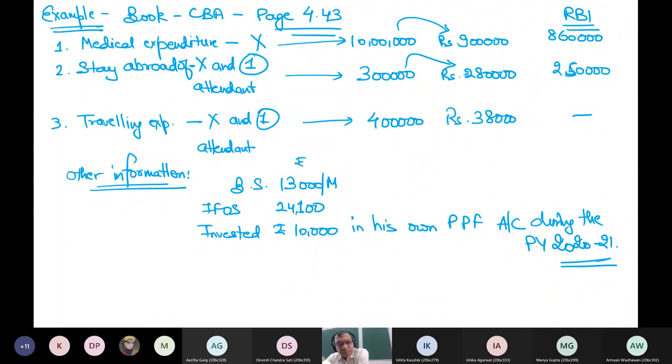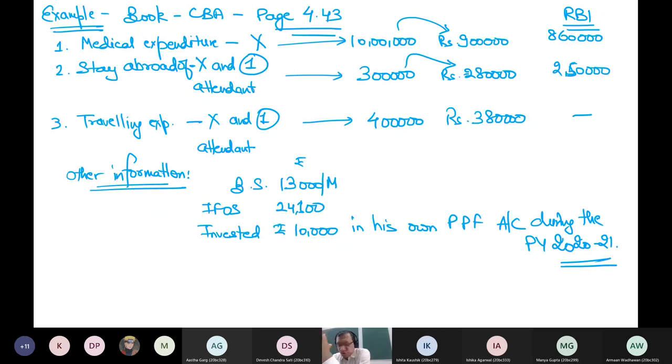Traveling expenditure of X and one attendant who will accompany X, of course. Expenditure incurred 4 lakh, out of which the employer reimbursed 3 lakh 80,000. Other information: basic salary, income from other sources, and his investment in PPF account during the previous year 2021.